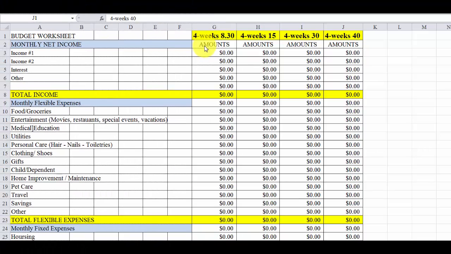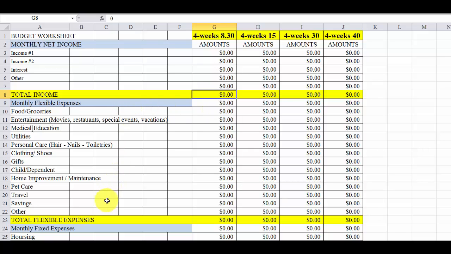Now, we provided for you 2 budget sheets. The first one we're going to show you is blank, but we've provided for you 4 weeks at $8.30, 4 weeks at 15, 4 weeks at 30, and 4 weeks at 40. So you want to calculate and put your numbers respectively, and then you have your total income. Obviously, you won't be using all of these, but they're there for you in case you need them.